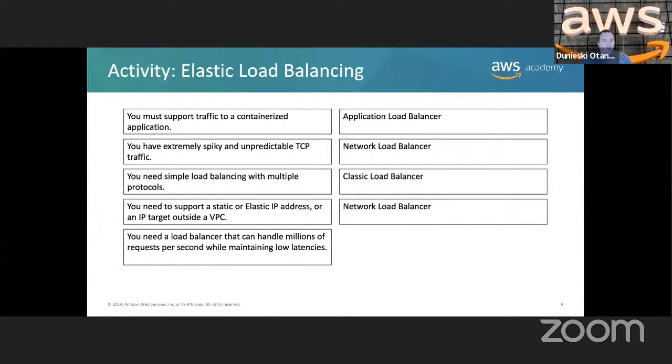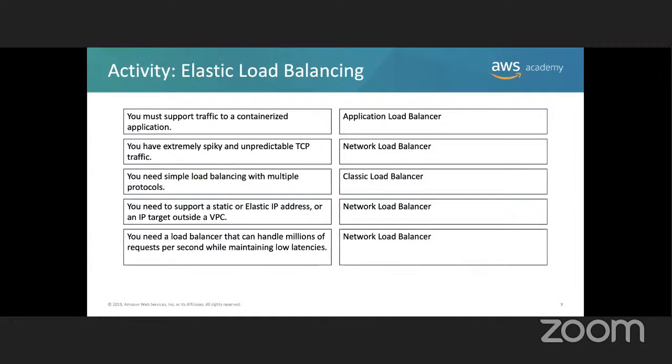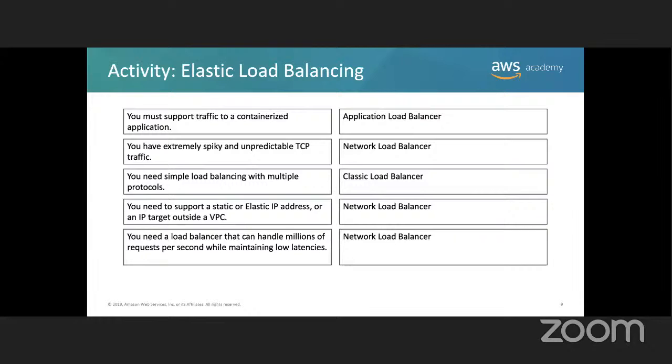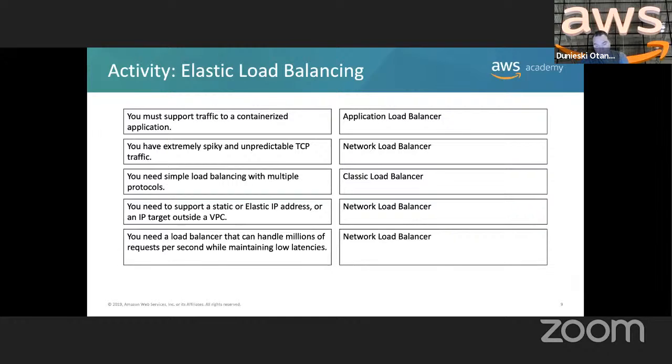You need a load balancer that can handle millions of requests per second while maintaining low latencies. Network. Guys, again, when you hear millions of requests per second, that's the Network Load Balancer. You must support HTTPS requests.